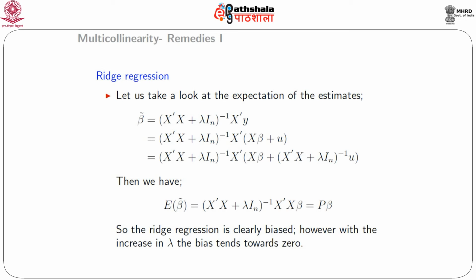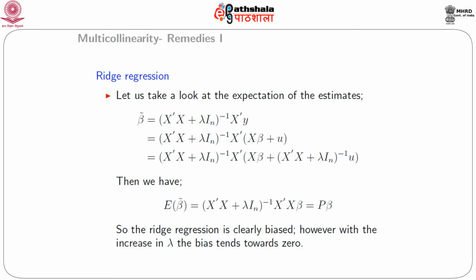So, this expression can be written as Pβ, where P is (X'X + λI)^-1 X'X. So, the ridge regression is clearly biased. However, with the increase in lambda, the bias tends to 0, because we can see that the first part of the expression, (X'X + λI), is taken in the inverse form.